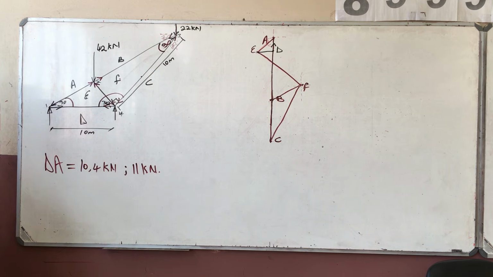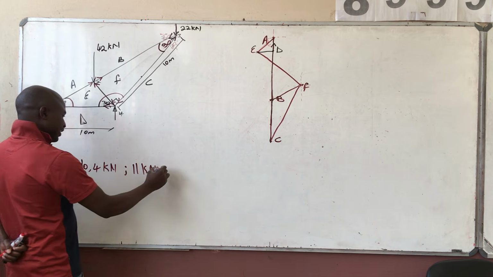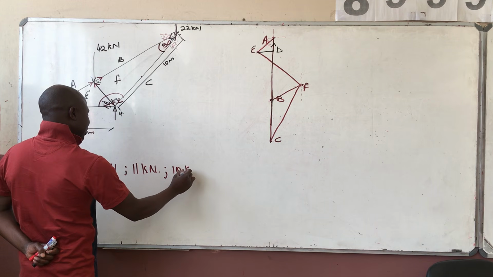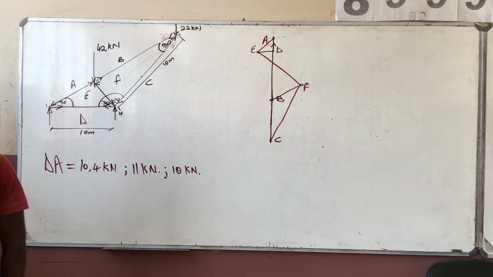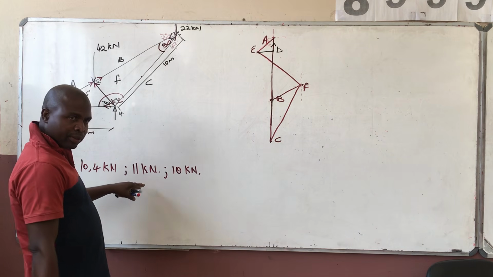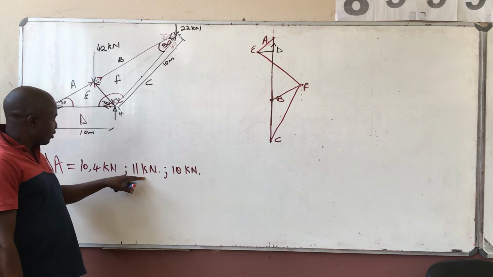Someone? 10. Exactly 10 kilonewton. Those who got 10, it means you are good in measurements. Even your lines where you were supposed to draw it vertically, it was vertical. When you're supposed to measure 30, you're measuring 30. But this doesn't mean the one who got 11 is wrong. If you got 11, it's still correct, because 11 is not far from 10.